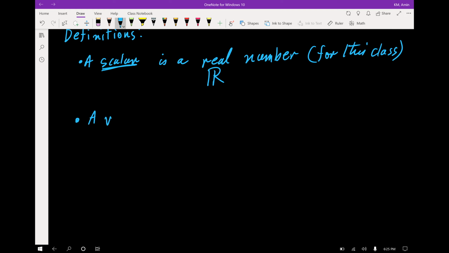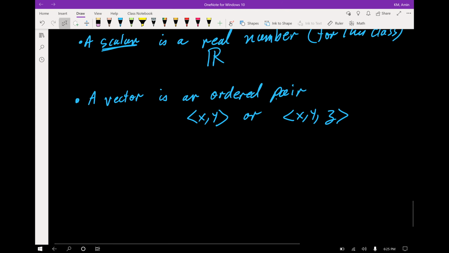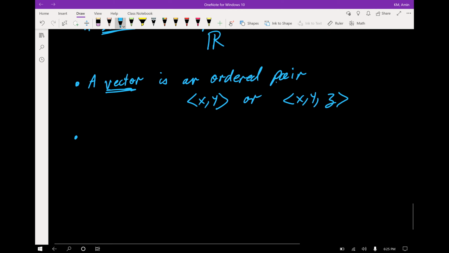A vector is an ordered pair or triple of real numbers.